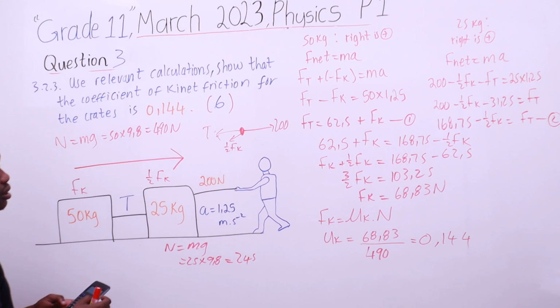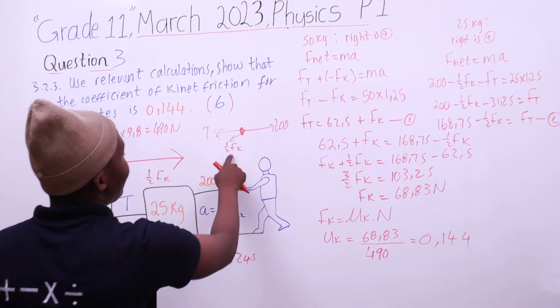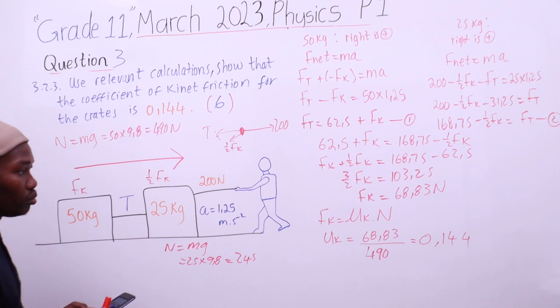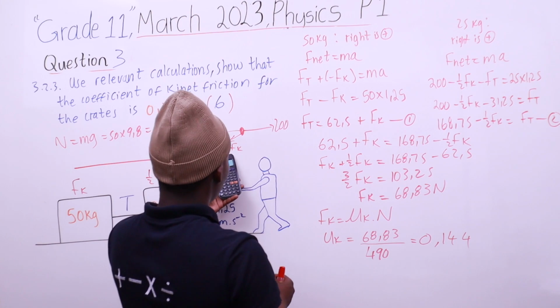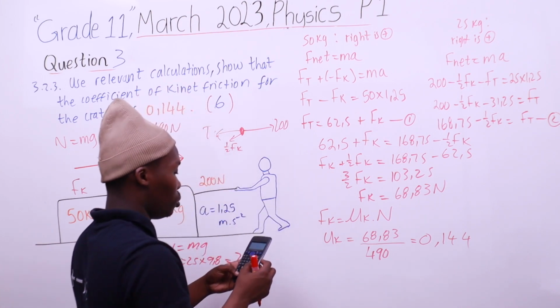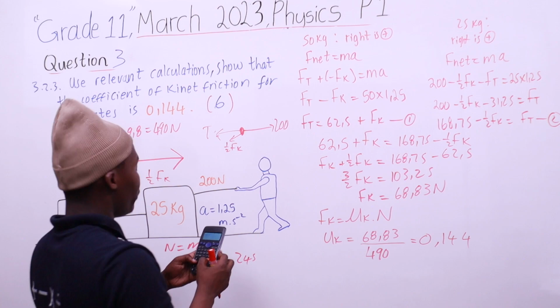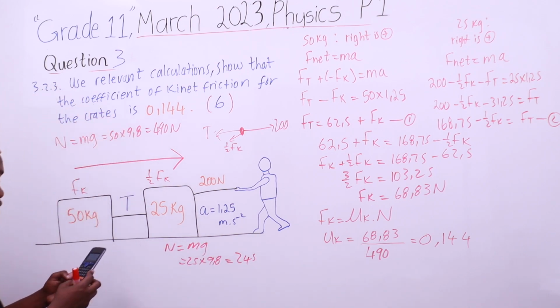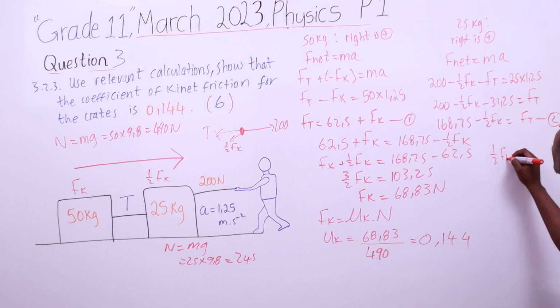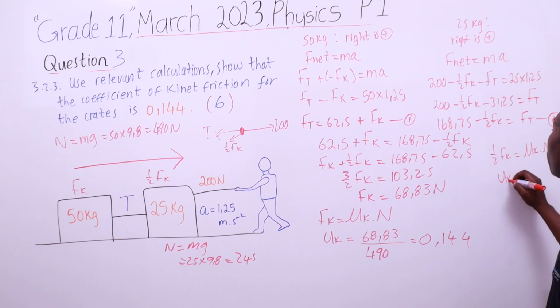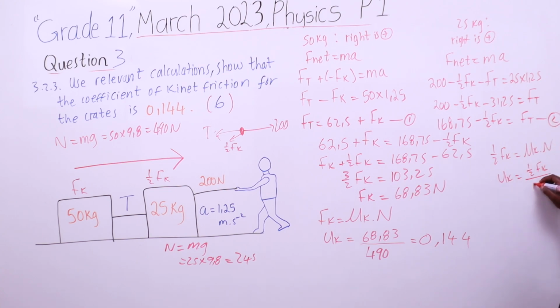So lapho sesiyazi-ke ukuthi half fk la is equals to, okusho ukuthi ukn ulingana no half fk divided by normal force.